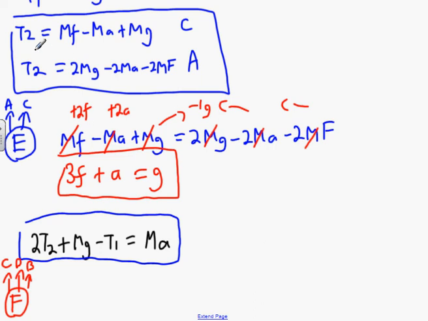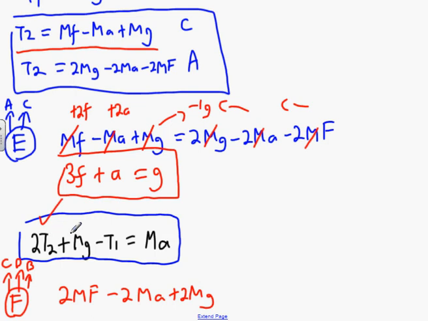So multiply this by 2. So I'm going to get 2mf minus 2ma plus 2mg. And I've only done this part. Now I have to add on the mg. Now I have to take away T1.